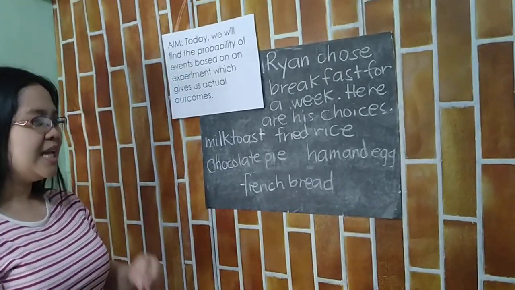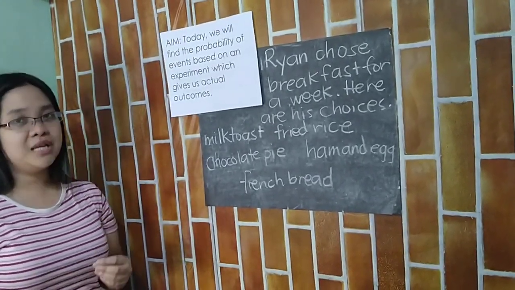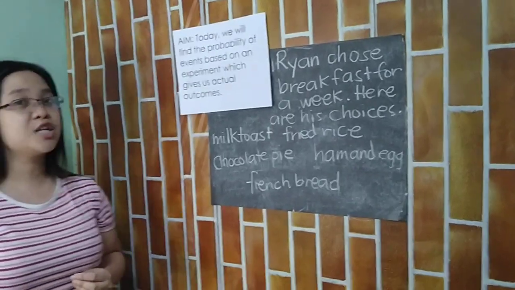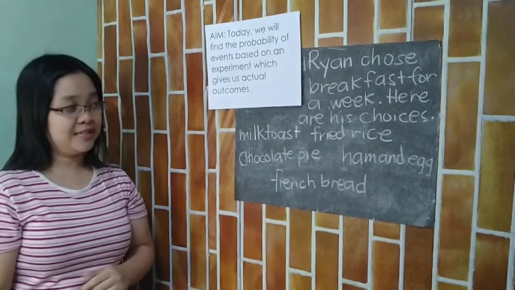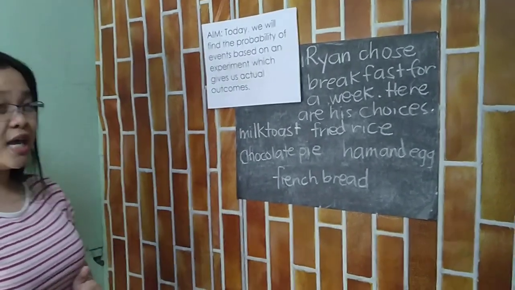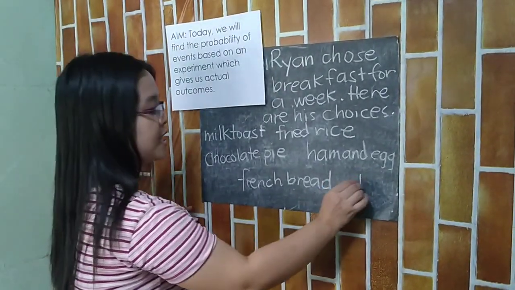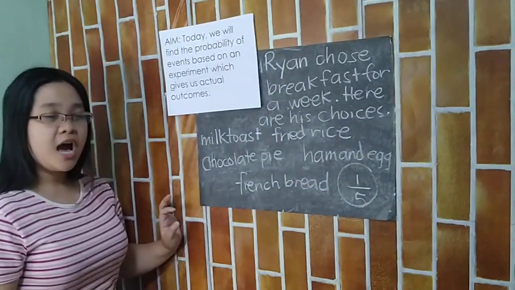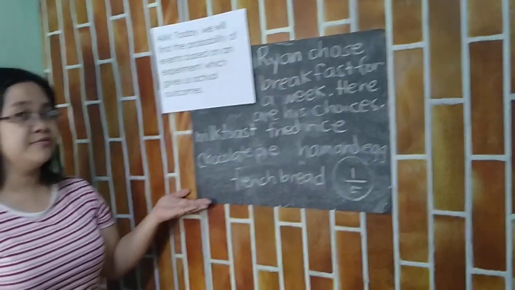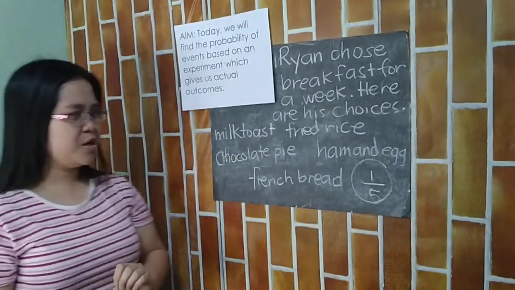Now, what is the theoretical probability of picking a milk toast from his choices of breakfast? Okay, it's 1/5. Why is it 1/5? How many possible outcomes do we have? We have 5. Very good.